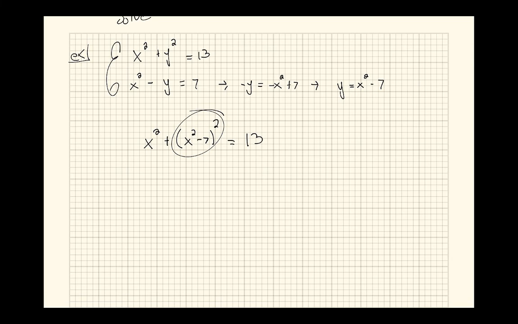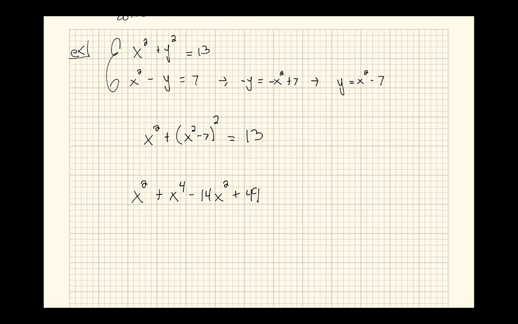This is going to be an x squared. Now if I'm foiling this, remember, foiling this thing, I'm going to have a plus x to the 4th minus 14x squared plus 49 equals 13.